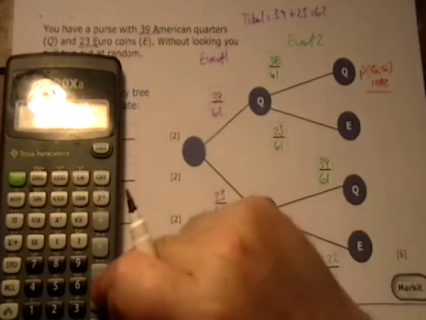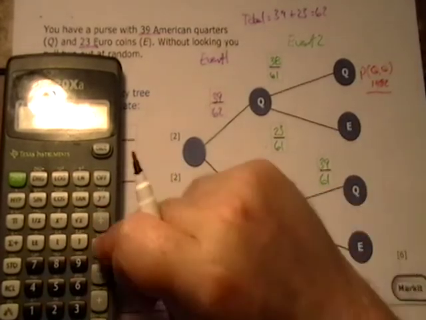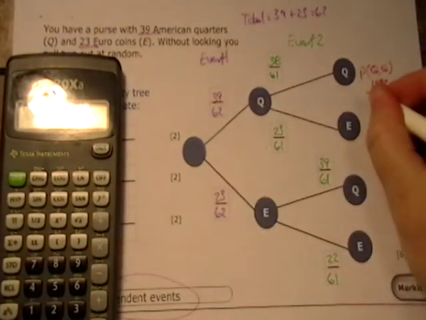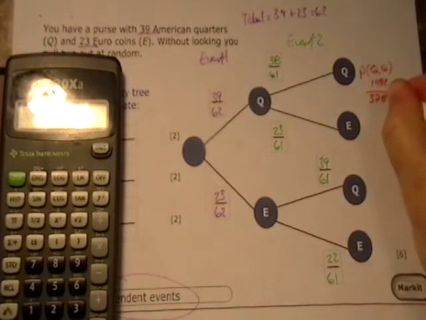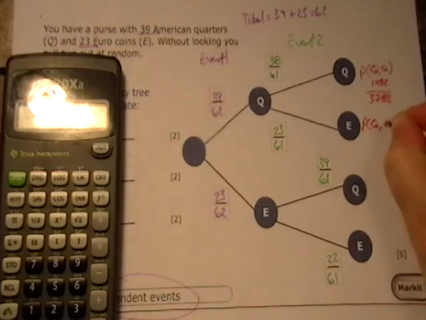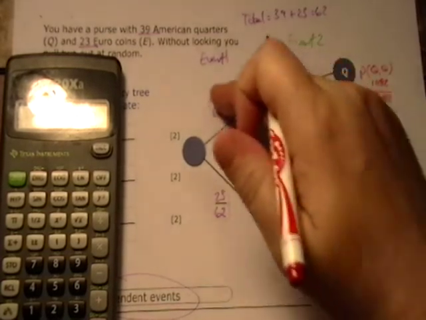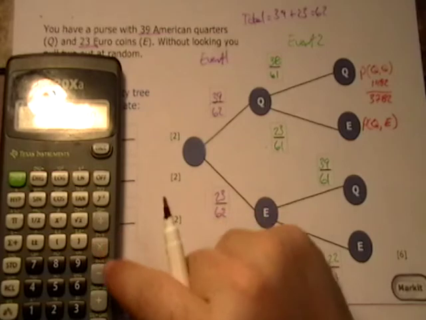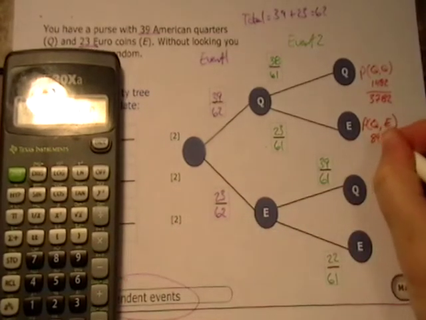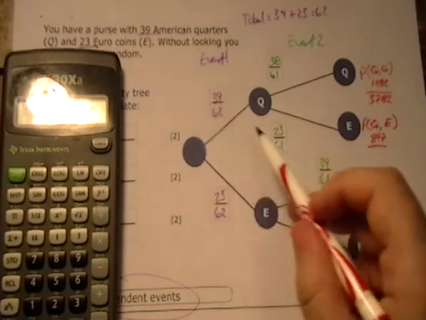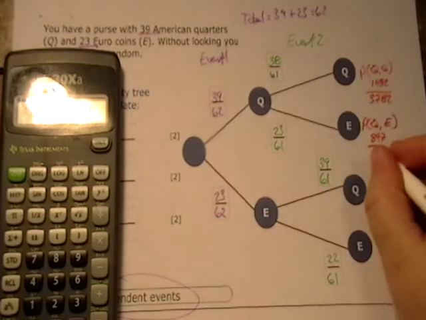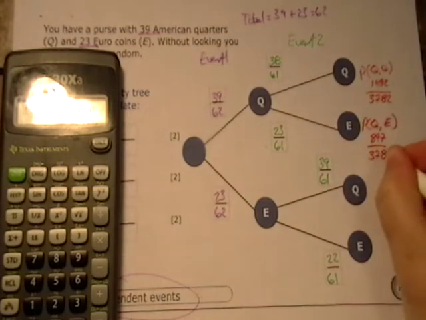I'm going to divide that by 62 times 61. That is 3,782. My probability of a quarter then a European, again we just multiply the numerators. 39 times 23, that is 897. Now this bottom, 62 times 61, that's going to be the same as the denominators here, 62 times 61. So that is already 3,782.